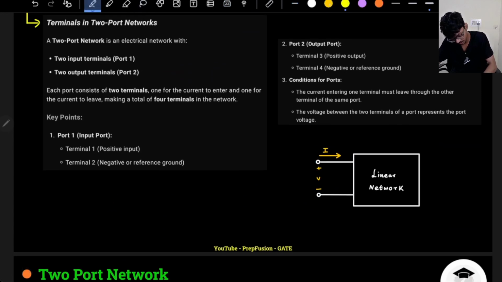This will be my port 1. Here I will have the port voltage and current as V1 and I1.